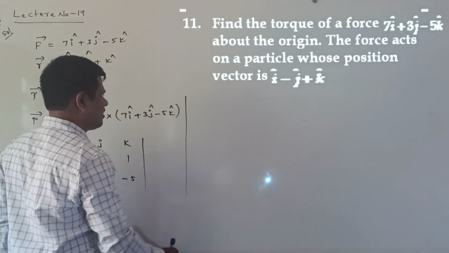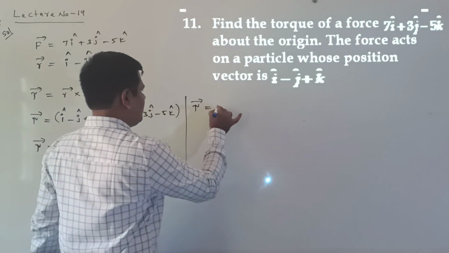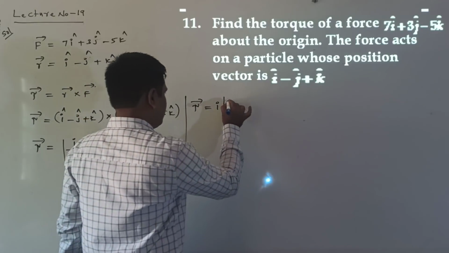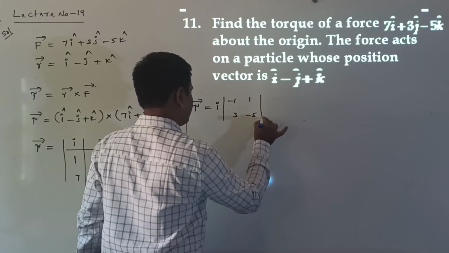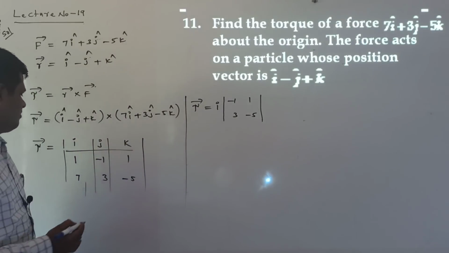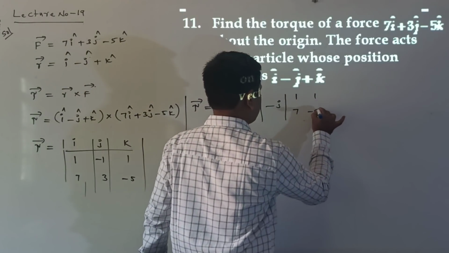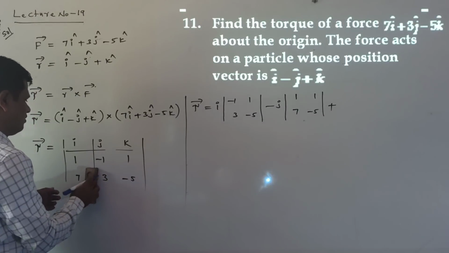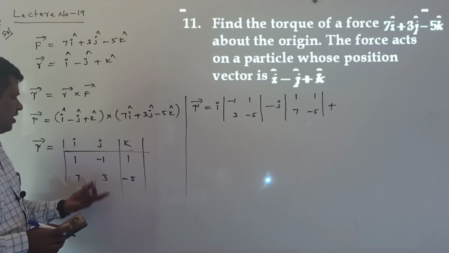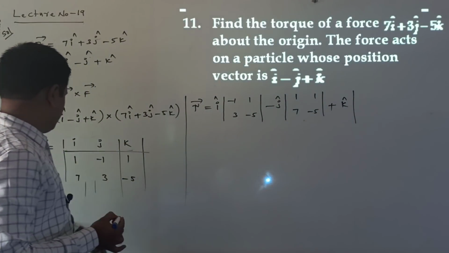We already know how to find the cross product. Torque is equal to: first the i term, leaving the i row and column, i into the determinant of (-1, 1; 3, -5). Next minus j into the determinant of (1, 1; 7, -5), leaving the j row and column. Then k, leaving the k row and column, with the determinant of (1, -1; 7, 3).